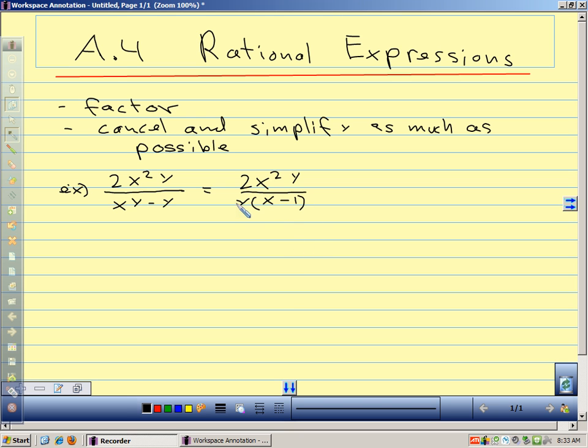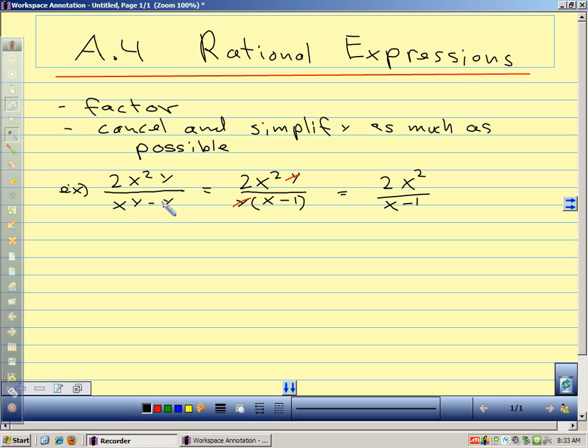And now what can we do with the y in the numerator and denominator? We can cancel that. So we get 2x squared over x minus 1. And that's as far as we can go to simplify it. And in our original expression, y can't be 0.